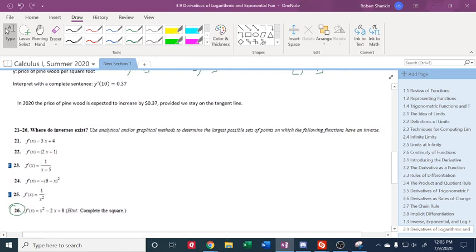Now, what does it mean, the largest set of points on which the function has an inverse? Another way to state this: what's the largest set of points on which, when you take the inverse, you'll get a function and it'll pass the vertical line test. And so we see this one right here on 26.